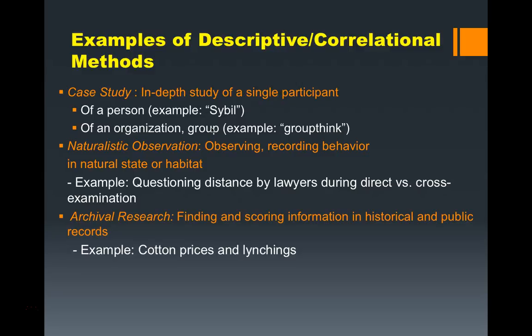They were able to measure from the archives, from the records, what cotton prices were like for Southern farmers for that year, and they also measured the number of lynchings, mainly of Black people, that occurred that particular year in the South.